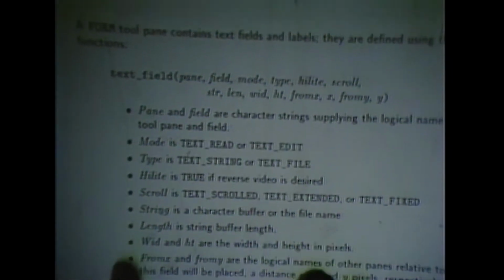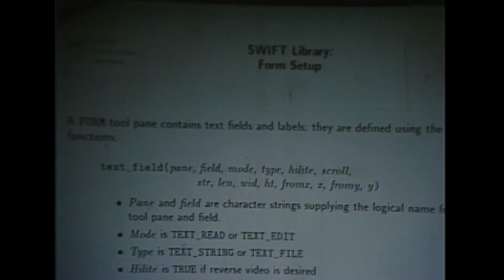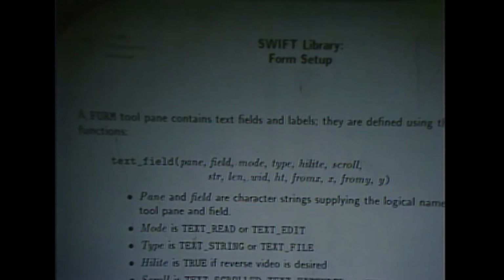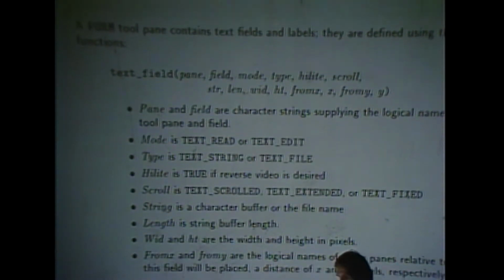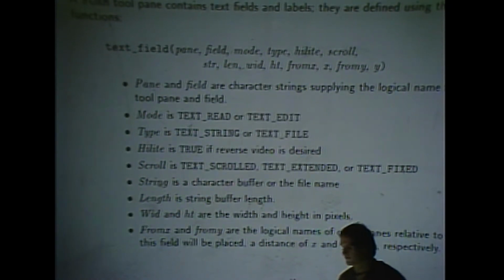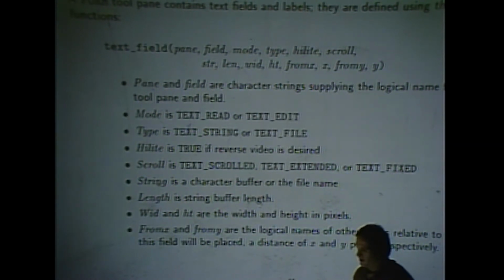Because one of our big applications is a fill-in the blanks type application, form panes became very important to us. And you have two things in them. You have text fields and labels. Text fields are rather complicated things, unfortunately. And this is about the longest call in the library. So you supply the name of the pane in which they belong.